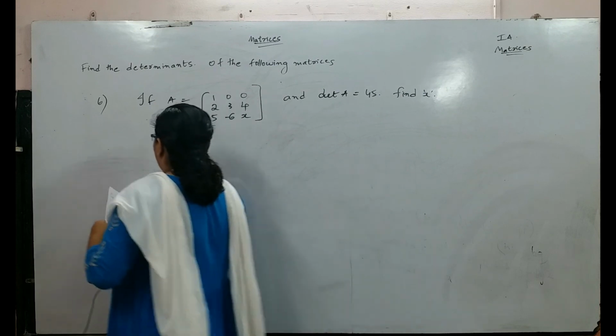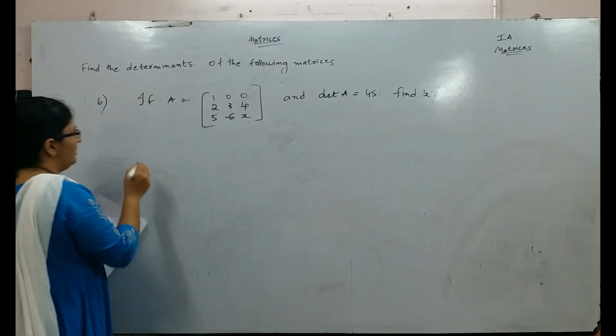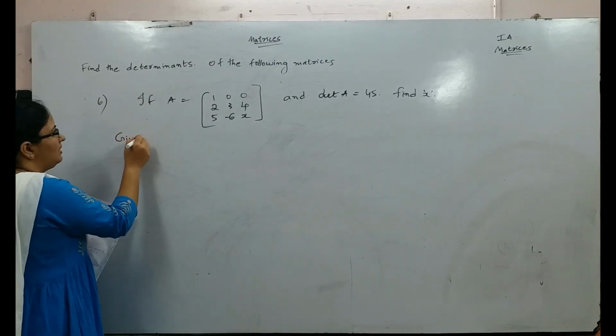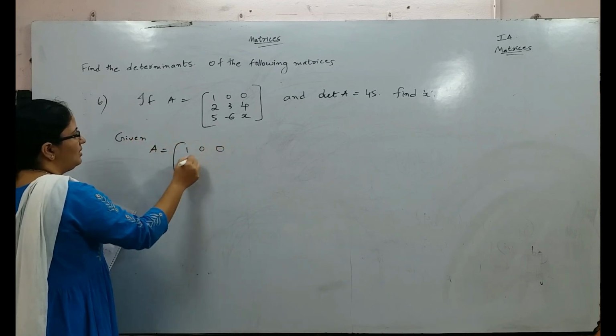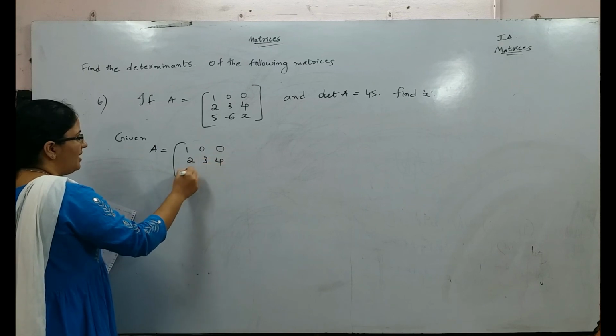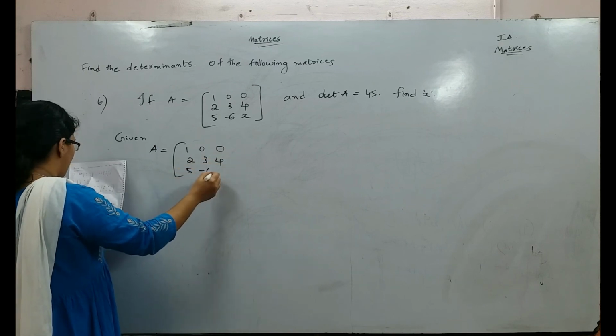Now given A is equal to 1, 0, 0, 2, 3, 4, 5, minus 6, x.